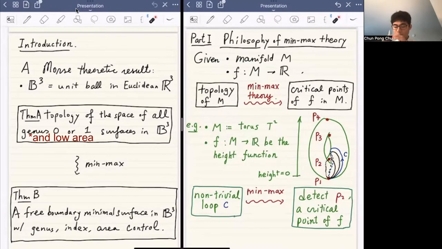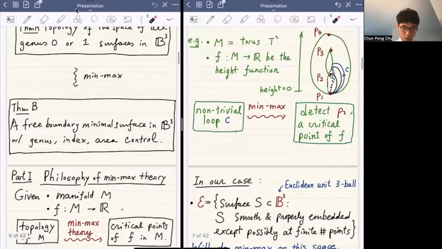And you see, it is stuck at the point P2. So at the highest point of the loop C, it is stuck at the point P2. And that is a critical point of F. So that is what we mean roughly by detecting a critical point via min-max theory.